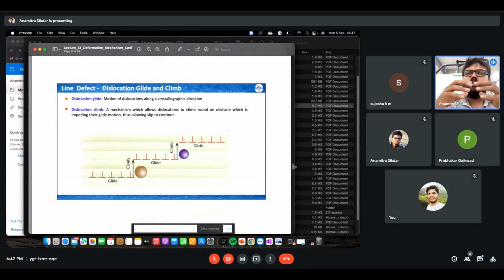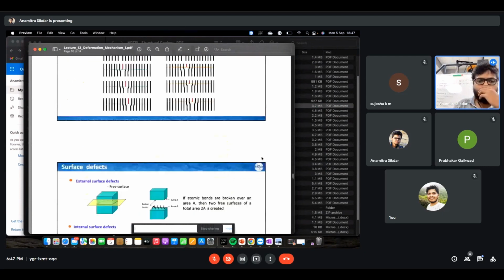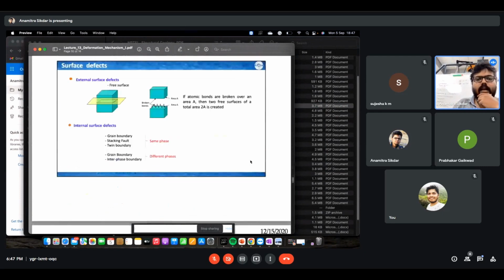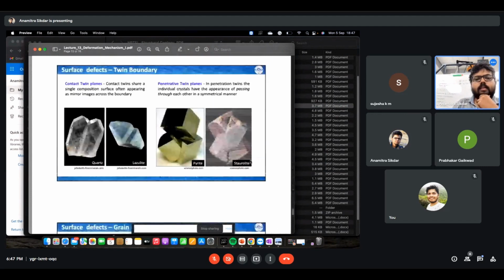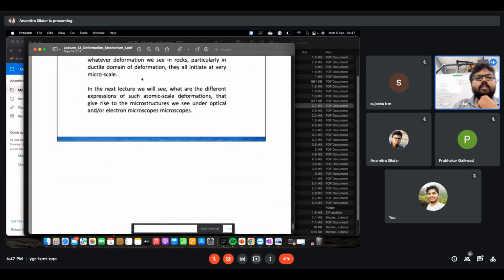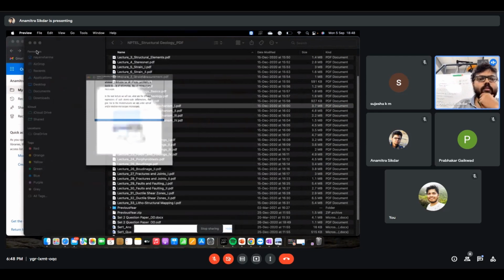You find an interstitial or some kind of hindrance and you just change the level. It can go down as well, not always up. So with climb and glide, dislocations move. There are some beautiful diagrams that are pretty much self-explanatory. If you do not have any question from this slide, I will move on to the next one.